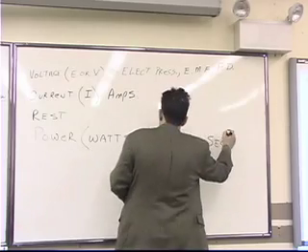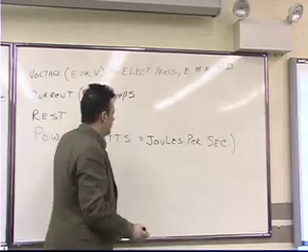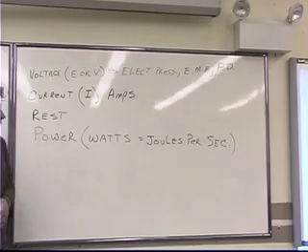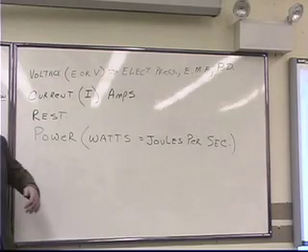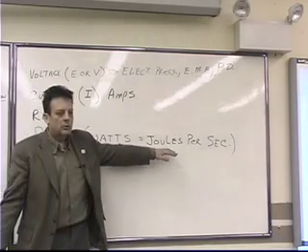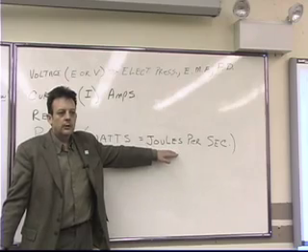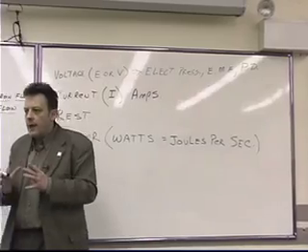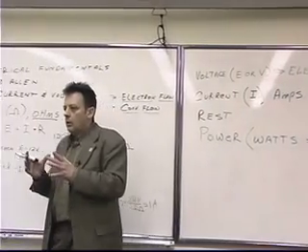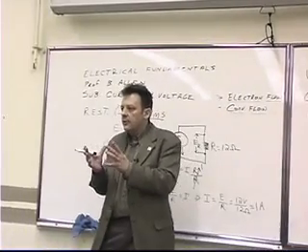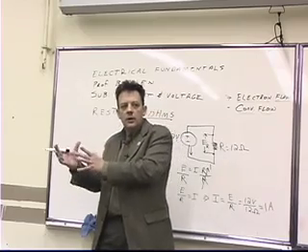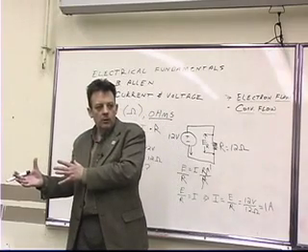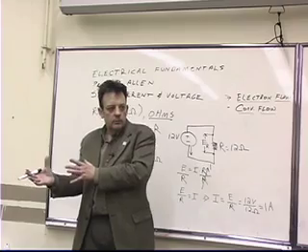Joules per second. That's what power is. What is a joule? It's a quantity of energy. So watts are quantities of energy that are dissipated per unit of time.